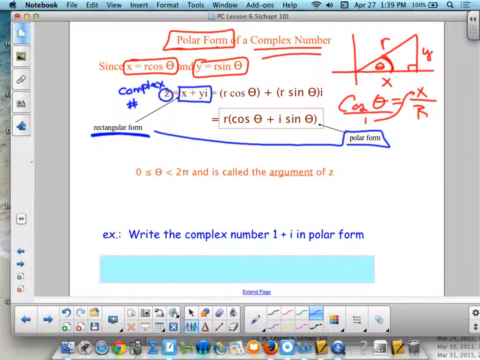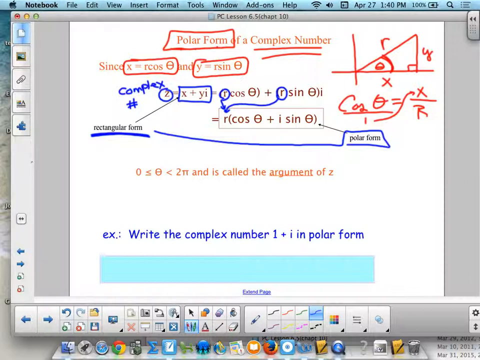See that x? What is x? R cosine of theta. They put it right here. X is r cosine of theta. Y is r sine of theta. And then they rewrote the x and the y with this in it. Then they factored out an r. When they factor out an r, all that's left inside is cosine of theta plus sine of theta times i.